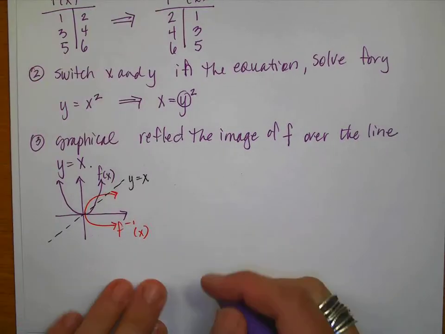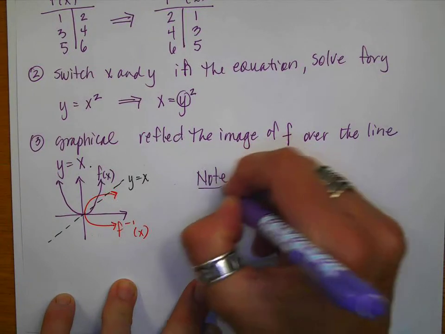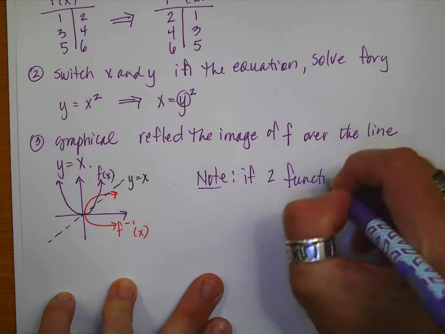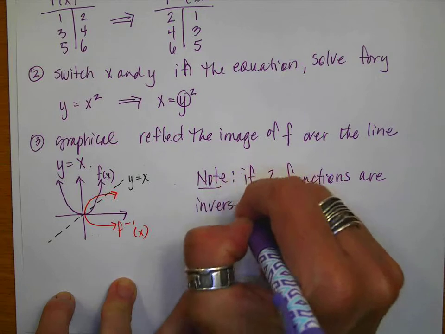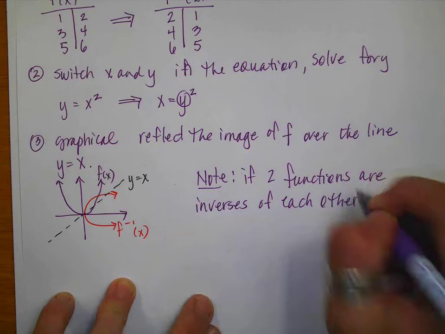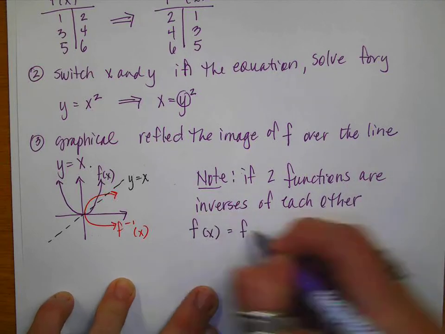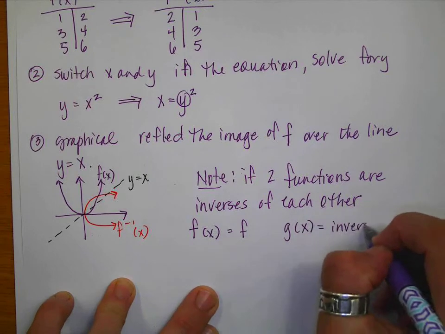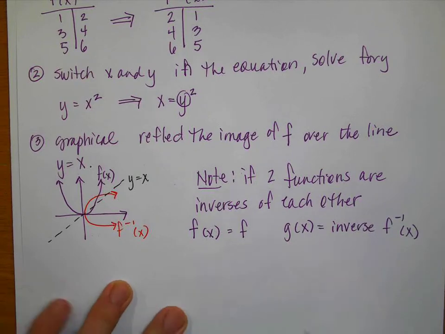All right, so while we're here, before we move on to examples, it is important to note that if two functions are inverses, then their composition, so I'm going to say f of x is the function, and then g of x is the inverse, or f negative 1 of x.